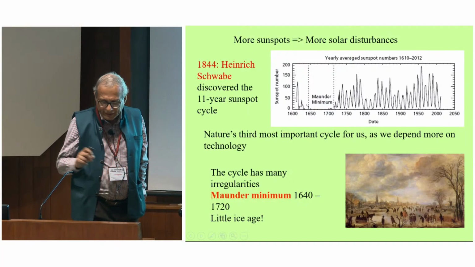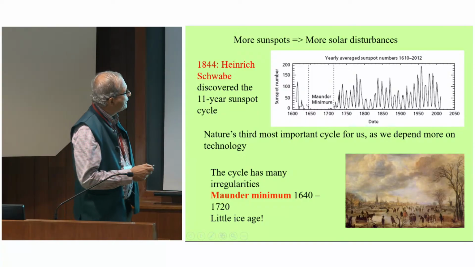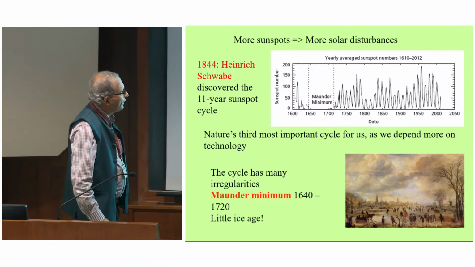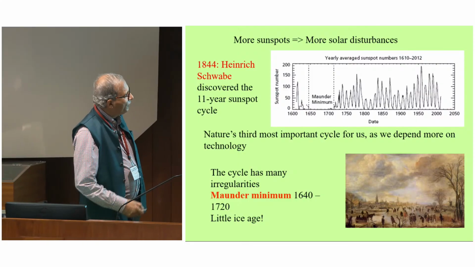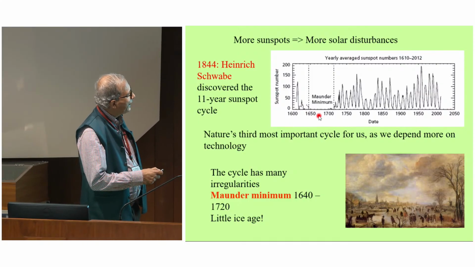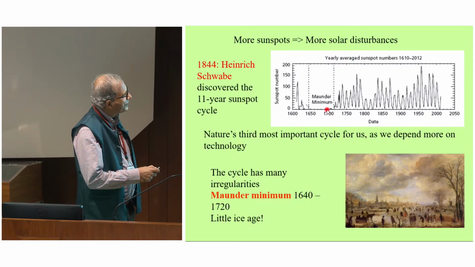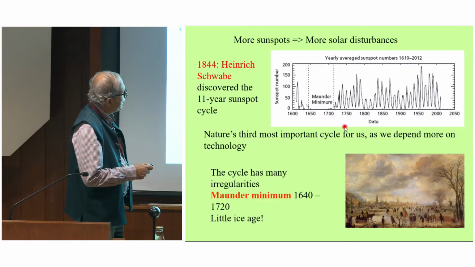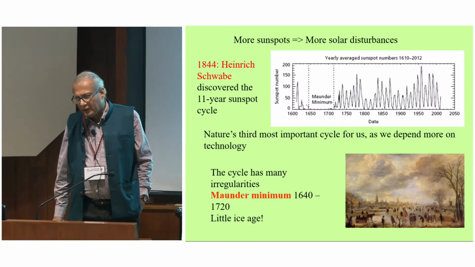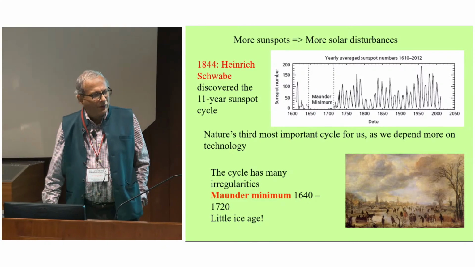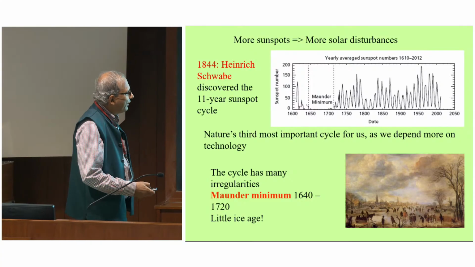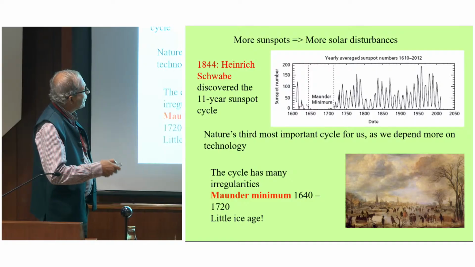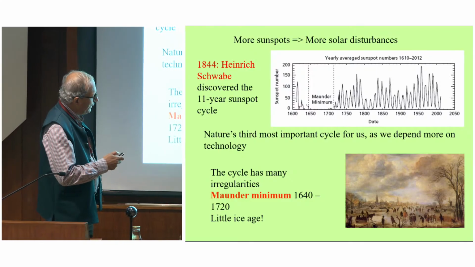And we also have the evidence that this sunspot cycle affects the Earth's climate, though we still have very poor understanding of how exactly that happens. For example, during this Maunder minimum, it's known that the Earth was somewhat colder. Of course, that was before the regular records of temperature started being kept.